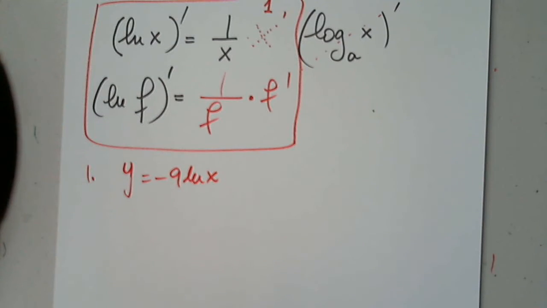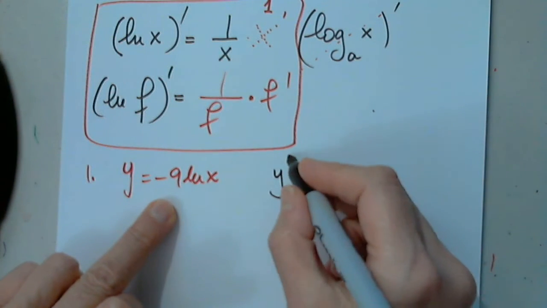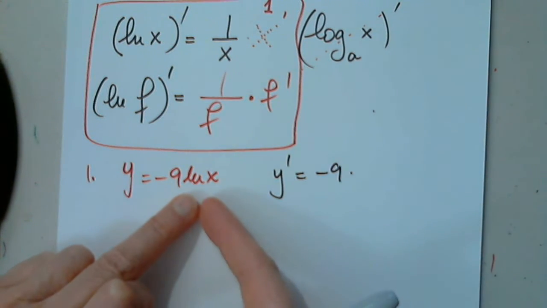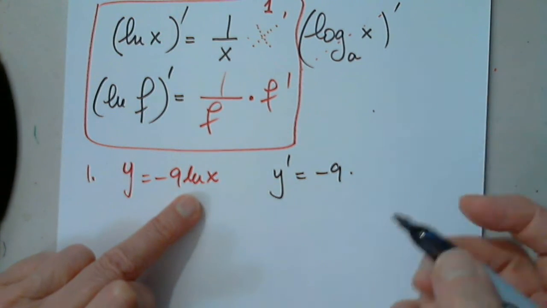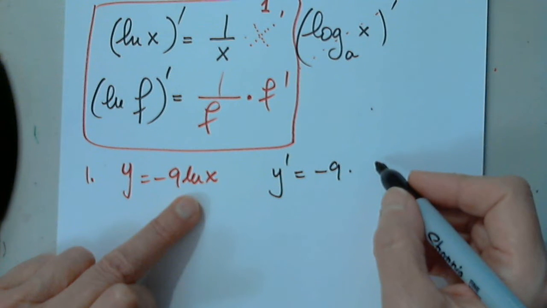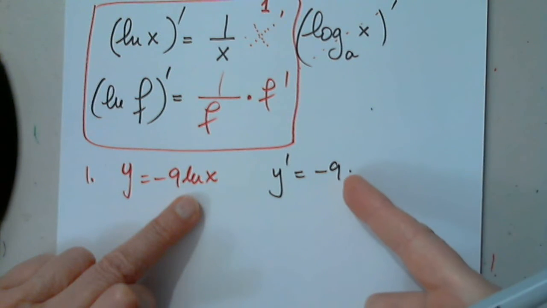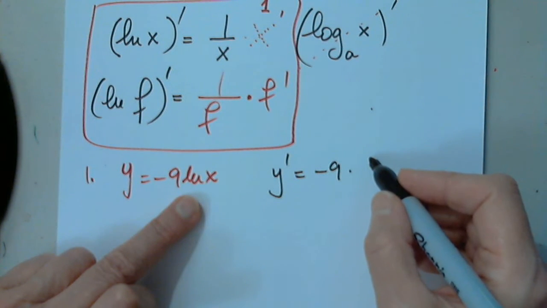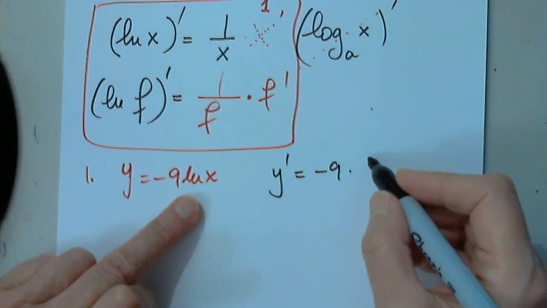Good. So this is a nice one. -9 will stay patiently, and I have to differentiate natural log. One over it.